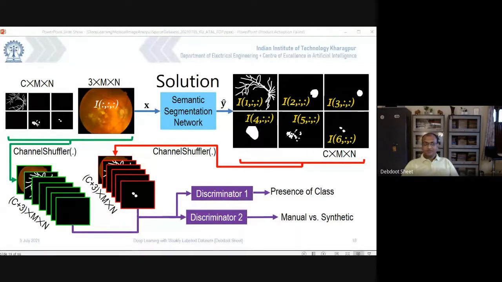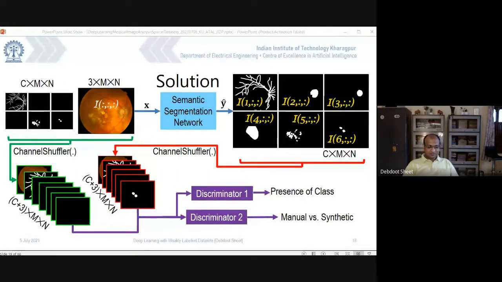Now, when I want to feed this data to these discriminators, what I want to do is something like this: discriminator 1 is supposed to look at the output, the generated tensor, and say which class is present in that, whether there was optic disc or blood vessels or whatever.